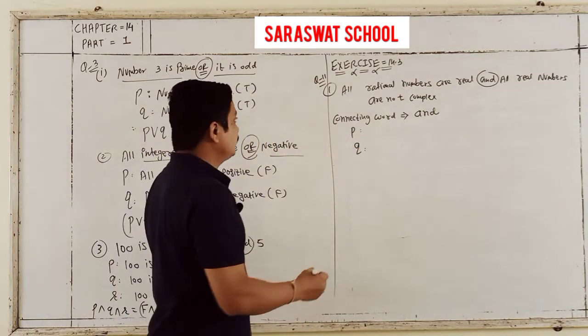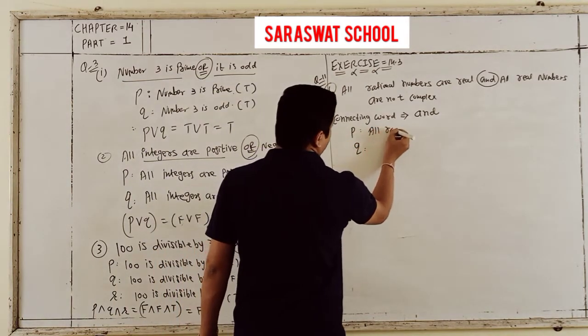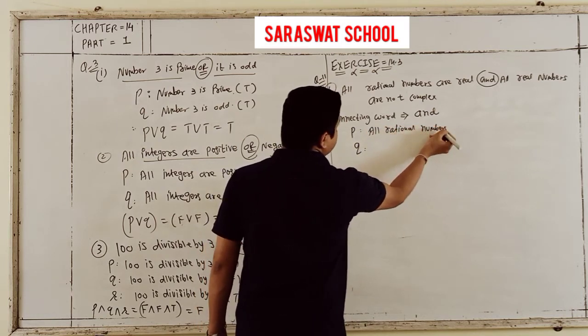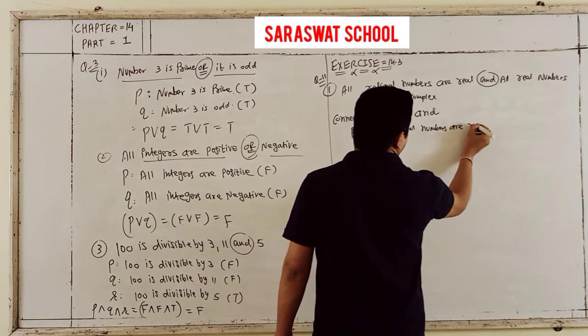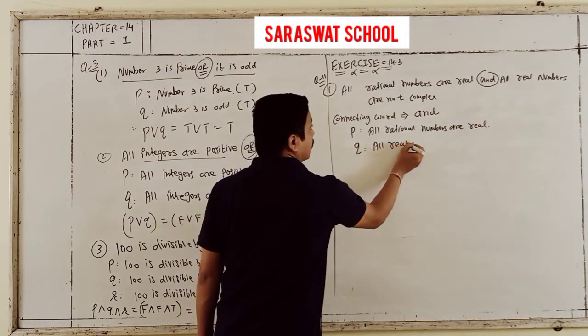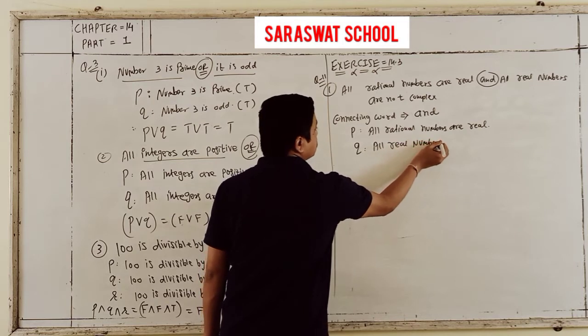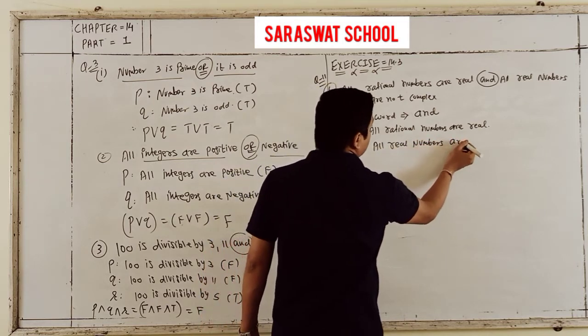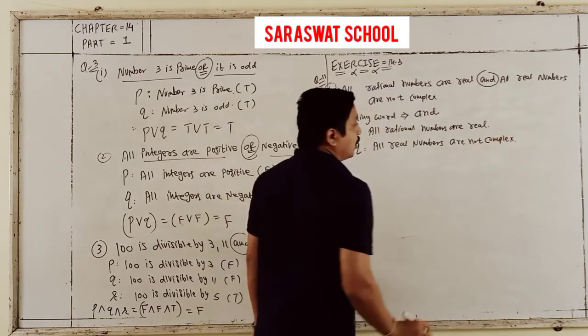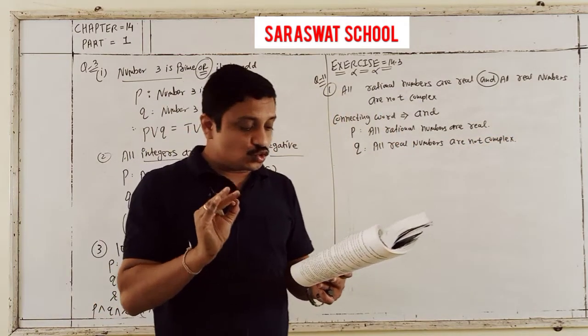Simplified it. First, all rational numbers are real, and second, all real numbers are not complex. It is only asking that, not asking here true and false.